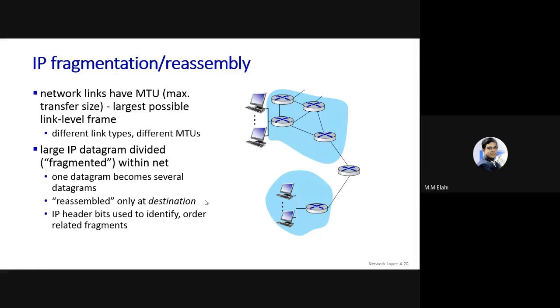Now what happens when a router wants to forward a packet to a link, that particular link maybe wireless, maybe wired, has different capabilities. So every link has a value called MTU, that is maximum transfer unit.